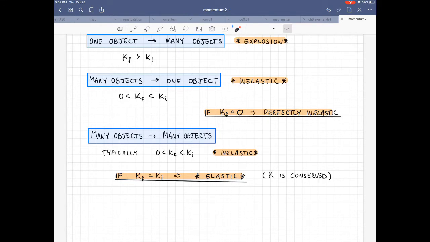So an elastic collision is where the kinetic energy of the system is conserved. Right? So it's a very specific or extreme type of collision. Often the sort of in practice or real world example of this type of collision is billiard balls.